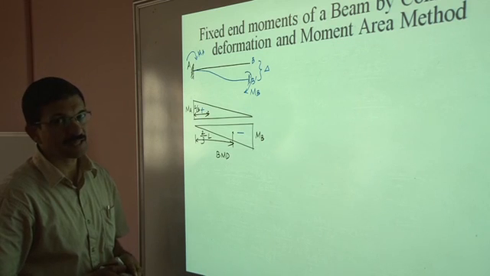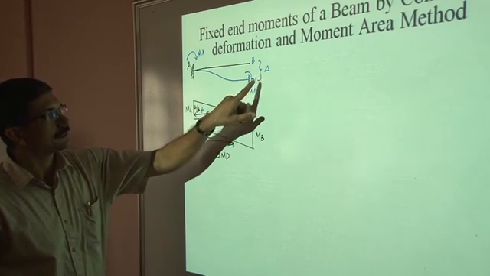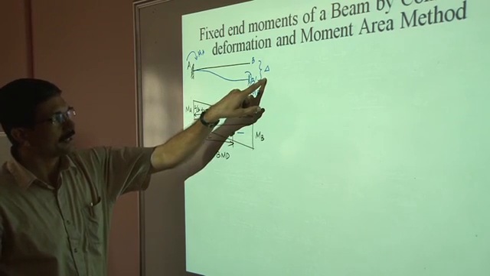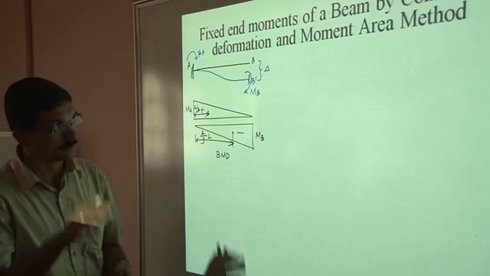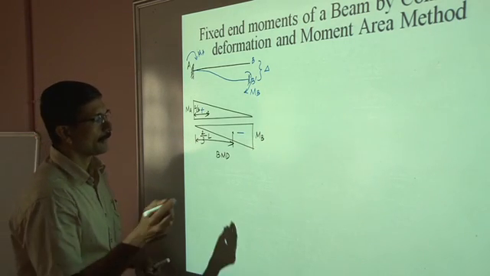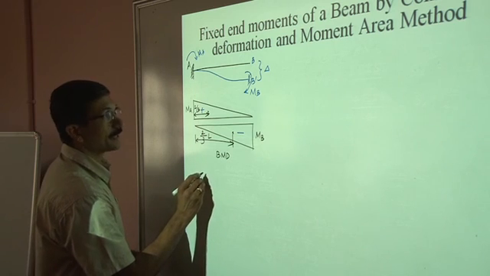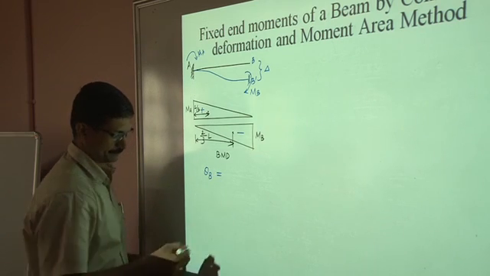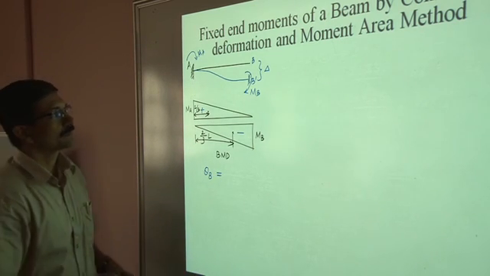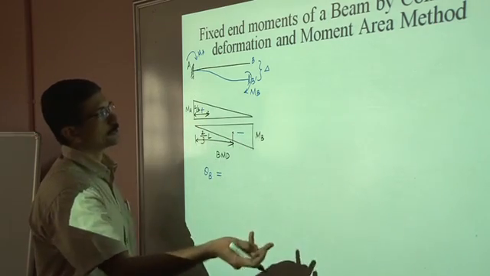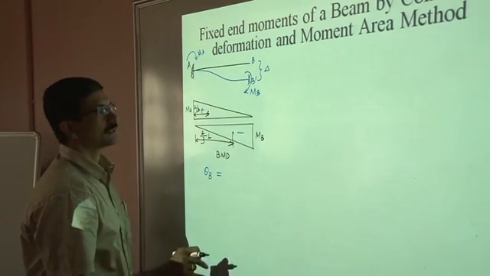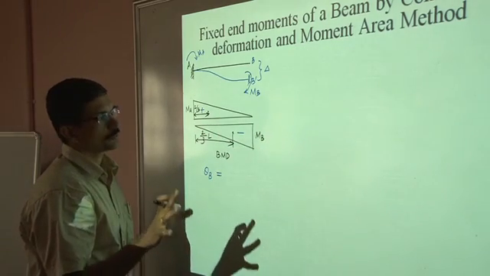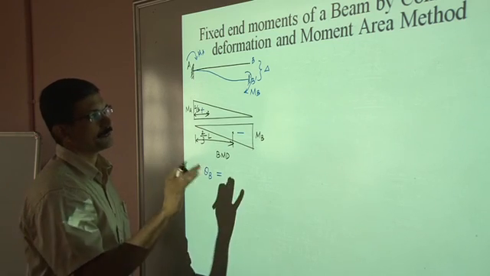The compatibility conditions are: the slope at end B is equal to 0, and the deflection at end B is equal to delta downwards. Now, if you write down the equation for slope, say theta B, which is actually equal to 0, it would be the angle between the tangents drawn to point A and point B. As per the moment area method, it is 1 by EI into the total area of the BMD between the 2 points.